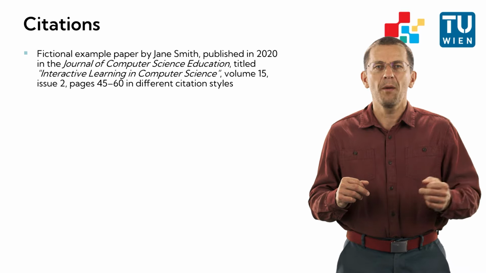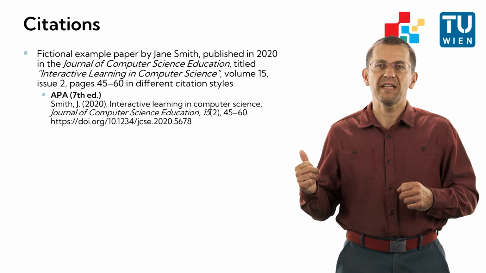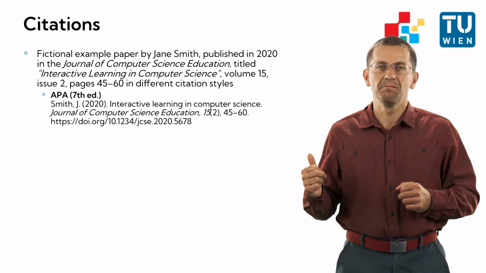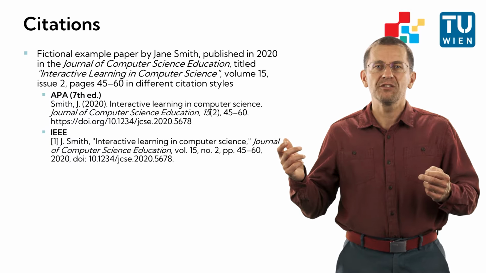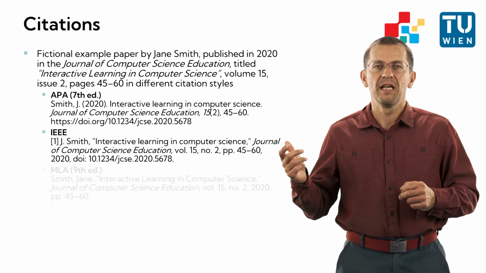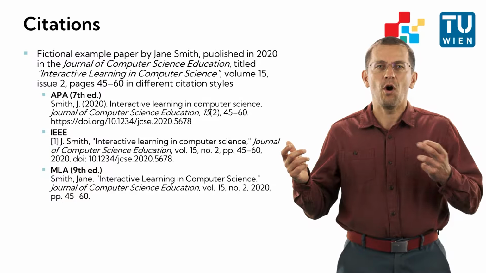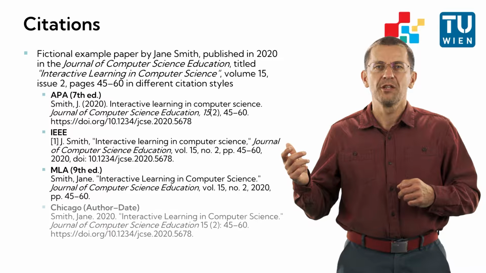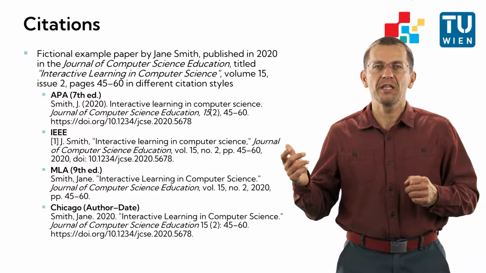Some of the most common include APA, widely used in social science, which emphasizes author and year. IEEE, common in engineering and computer science, uses numbered references. And MLA, popular in humanities, focuses on author page citations. Chicago, which has flexible styles, is often used in history and social science.